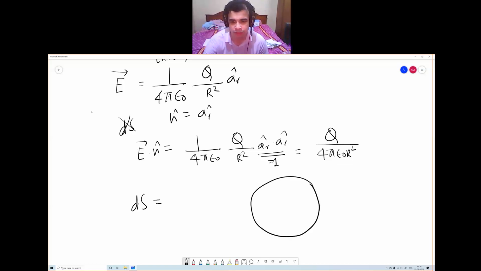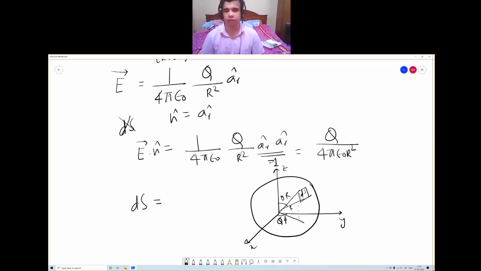Let's draw the sphere, one second. X, Z, Y. Here is Q. What will be this small area? This is, say, ds, small ds. This is R. This is theta. This is phi. Remember spherical coordinates, discussed. What will be ds?